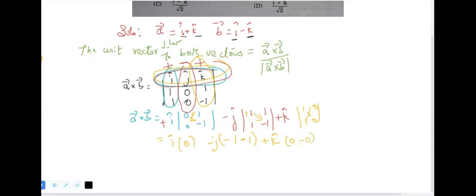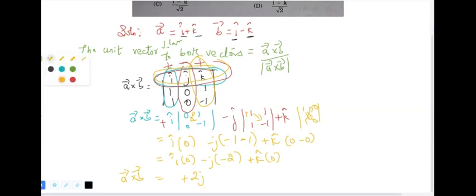So we get i cap into 0 minus j into minus 2 plus k cap into 0. 0 into something is 0, and minus into minus will be plus, so plus 2j. So we get a vector cross b vector as plus 2j.